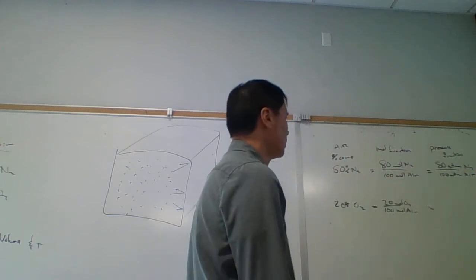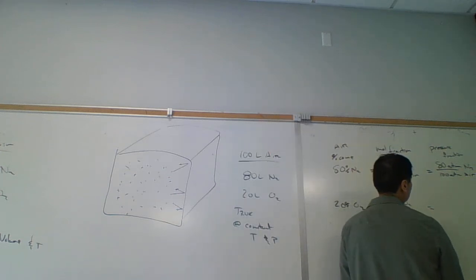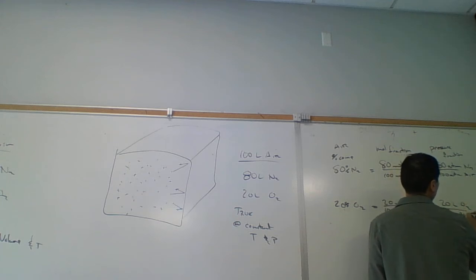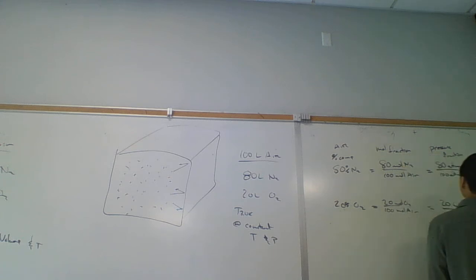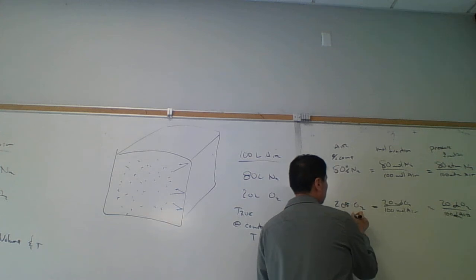R is 0.08206 with our units. 20 liters of O2 over 100 liters of air. I need to do atmospheres. Sorry, 20 atmospheres over 100 atmospheres, and then 20 liters O2 over 100 liters.